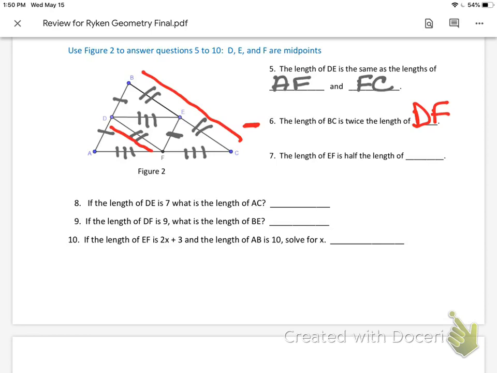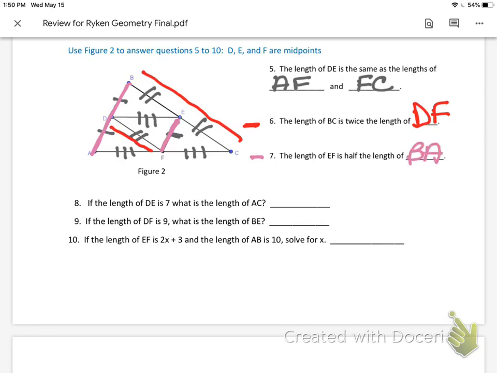And then we'll change again. Okay, the length of EF. So where is EF? Okay, EF is right here. That length is half the length of DA. So it's half the length of BA, or AB.